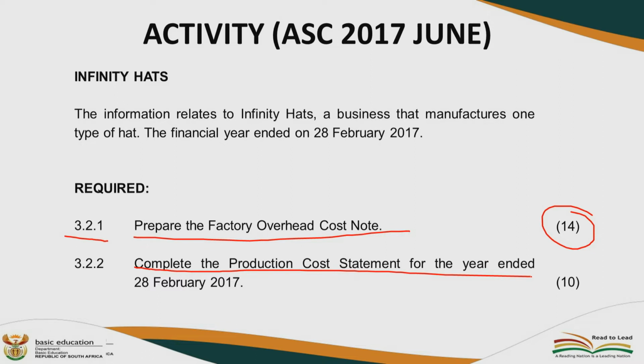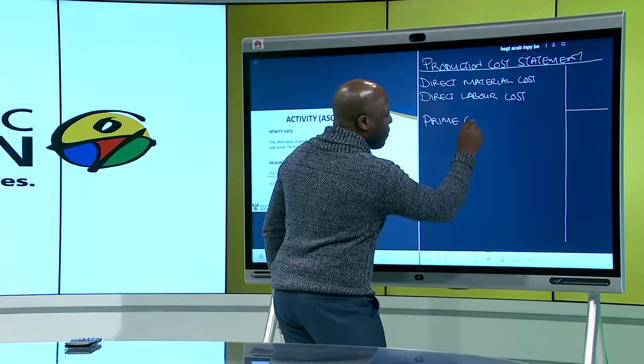We also had what we call direct labor. Direct labor cost. And if you remember, we would add them. And when we would add them, what would we have? Boys and girls, you're correct. We would have now what we call prime cost.